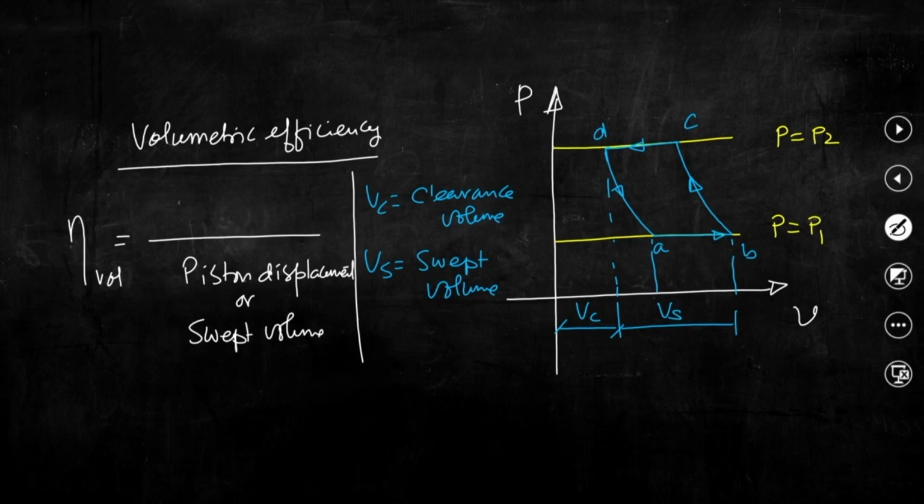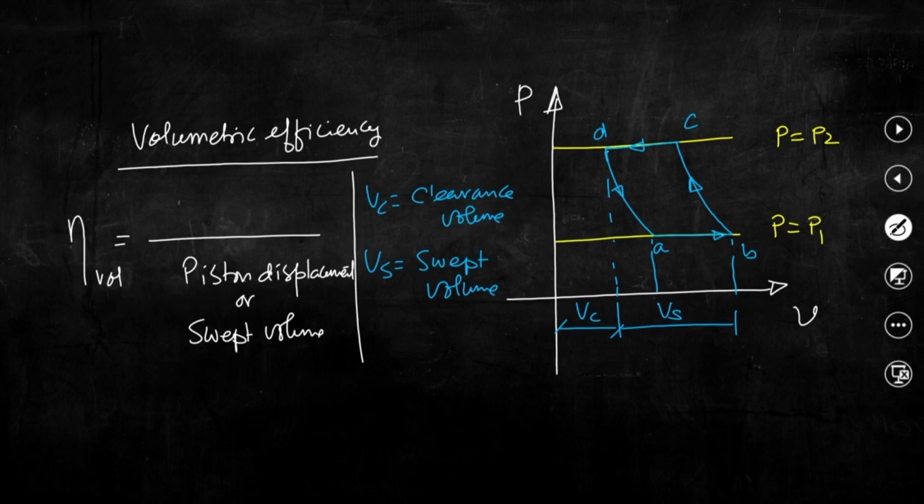That means this is the stroke, and the piston is getting displaced between these two locations. Ideally, because of this piston movement we are supposed to get a volume of air inside the cylinder equal to Vs, and that is the swept volume. Again, process A to B is the suction stroke, B to C is the compression stroke.